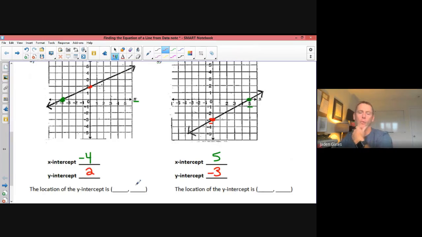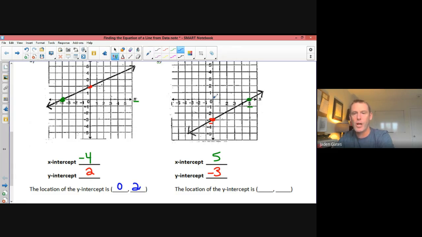Now, the location of it. What I mean by the location is its x and y coordinates. For our first one here in A, the y-intercept is 2. But to get to that coordinate, I wouldn't go left or right at all and then just up 2. So that means the point is at (0, 2). The same thing for B. If I look at the y-intercept, there it is.